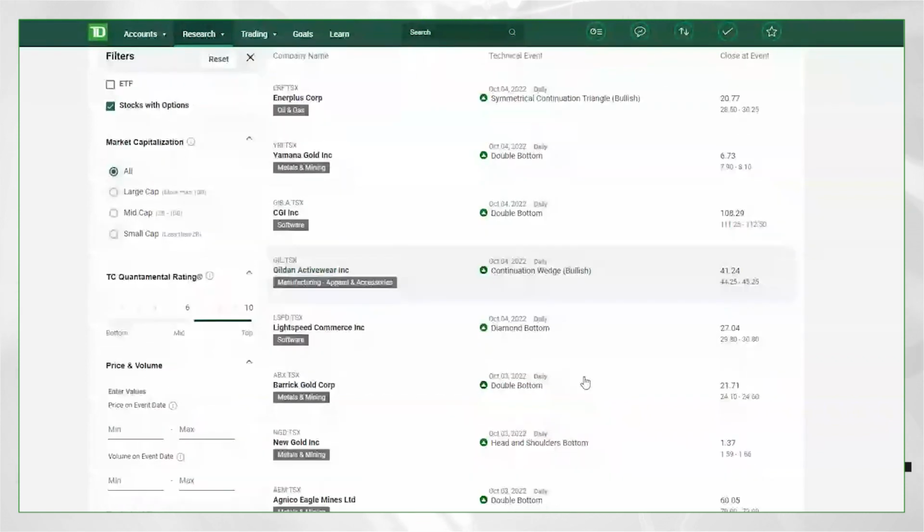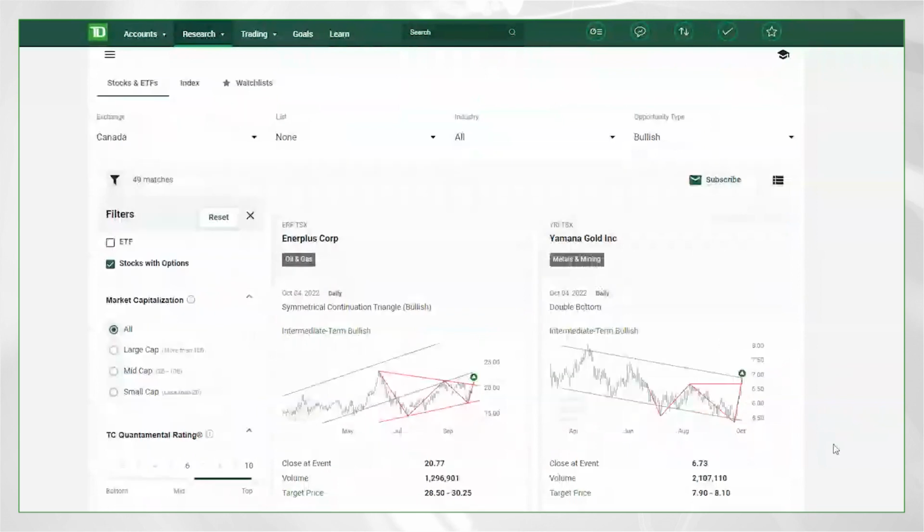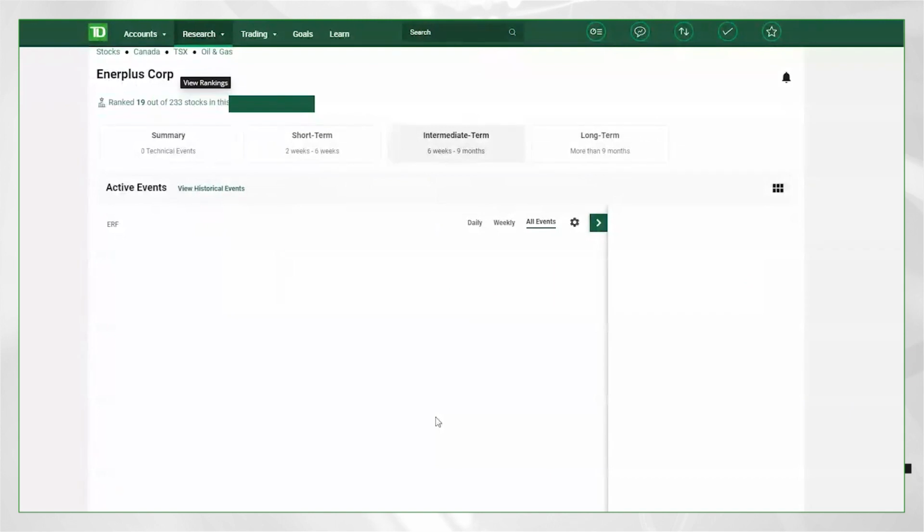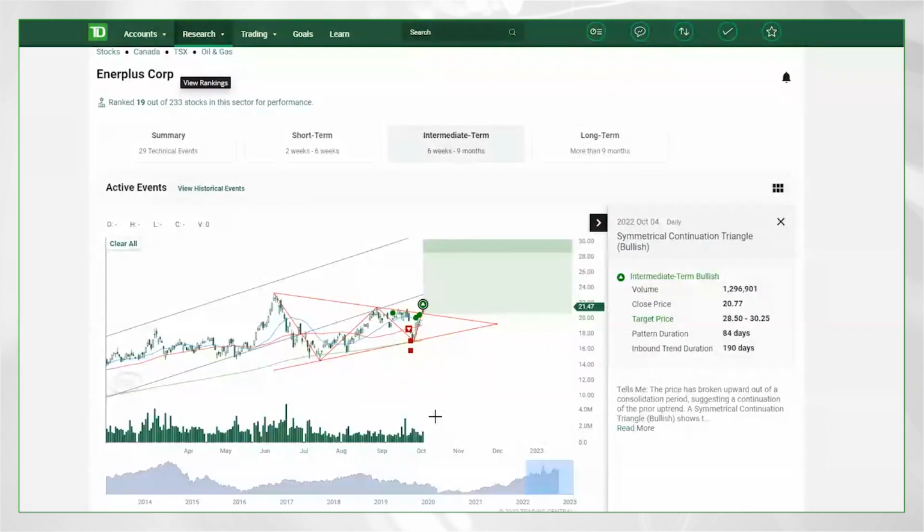So here I will select visually what looks interesting. Here's a good example to pull up. Enter Plus is the number one pick of all our criteria. And now you can go ahead and really dig into why that event came up. And we can get into the volume on the day, which is Dow theory. While we put it there, the more volume on a pattern breakout, the better. This is an interesting setup.